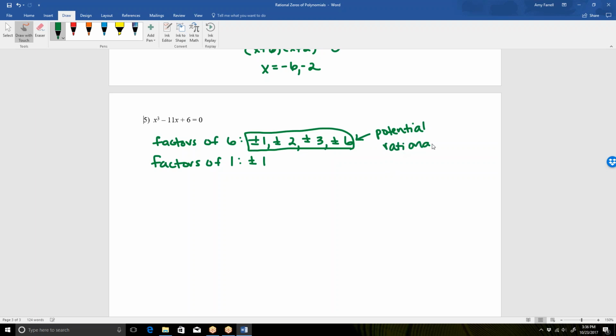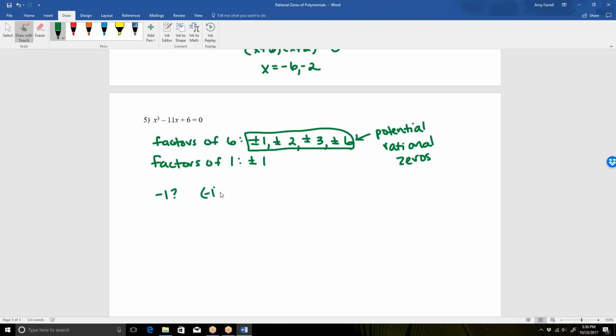Now we do need to find one that works before we're able to do synthetic division. Now you could use synthetic division to find one that works, but I think I'm just going to plug it in and then use my synthetic division. Okay, so I'm going to try -1.